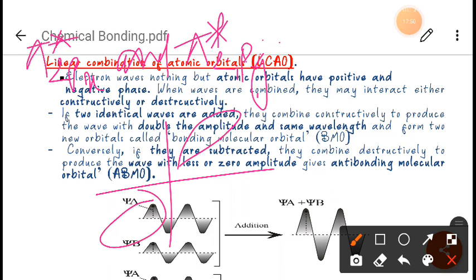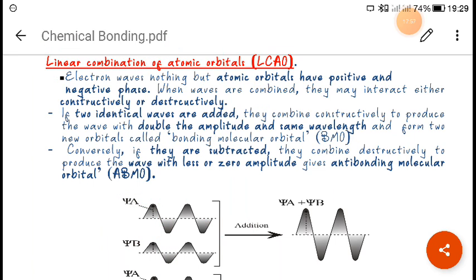And the number of nodal planes is two here, one here and this one. So this was about the formation of molecular orbitals.